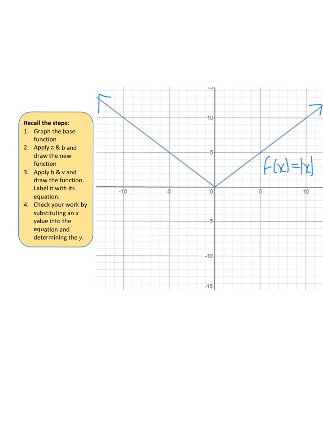So step 1 is to graph the base function. So remember the key points at 0, 0, and then at 1, 1, 2, 2, 3, 3, 4, 4, 5, 5, and so on. And then the other side, negative 1, 1, negative 2, 2, negative 3, 3, negative 4, 4, negative 5, 5.